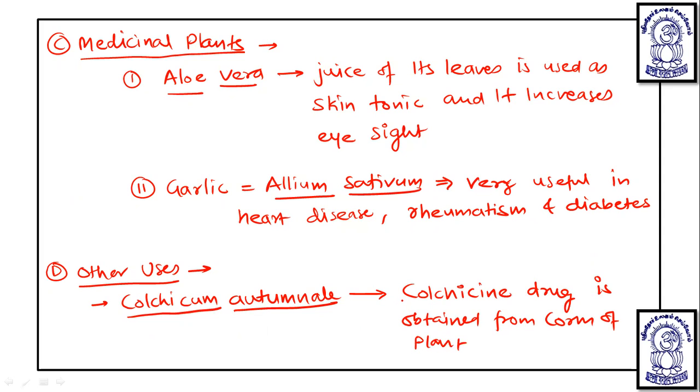And this colchicine is one type of mitotic poison because it inhibits the spindle formation. So it is a mitotic poison and induces polyploidy in plants.